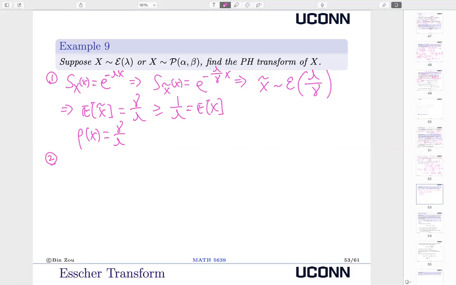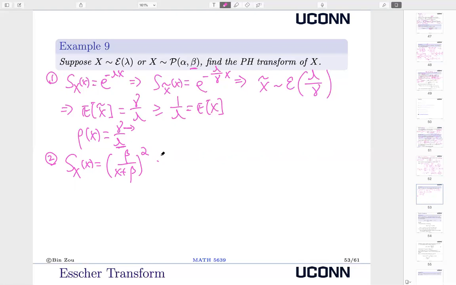So what's the next one? Pareto. Here I use beta. That's because usually when we call the Pareto distribution, we use alpha and gamma. But here we reserve gamma for the pH transform, so I switch to beta. But anyway, the survival function is easy.